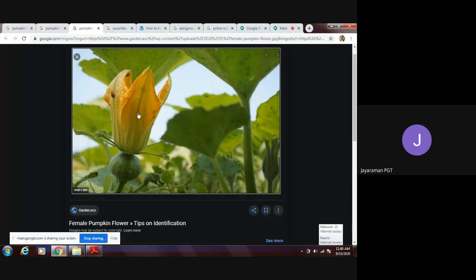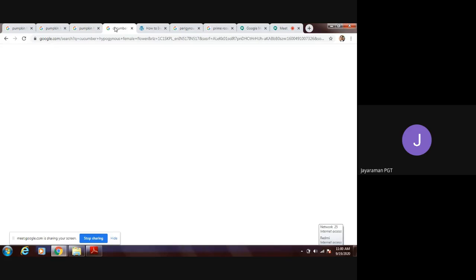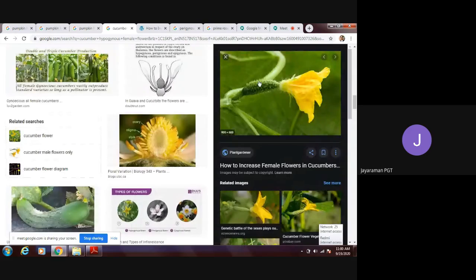And the other flower, this is a pumpkin. Okay, then cucumber, it is like this. This is the cucumber flower. It's a female flower, a pistillate flower. Even on the fruit you can find the flower with a little bit of dried petals. This type of flower is actually a pistillate, unisexual, female flower.